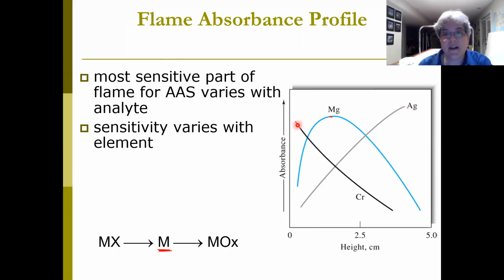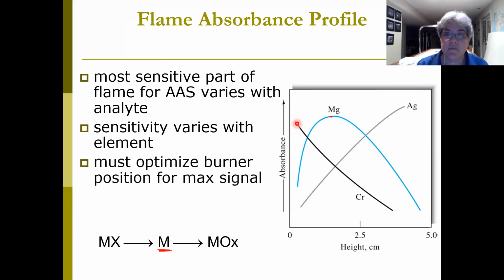Chromium, exact opposite. Start off with a high signal. So chromium very quickly goes to M, and then as I keep going up, chromium converts to the oxide. So the signal drops. So for chromium, I want to be measuring low in the flame. So notice 3 elements, 3 different places where I get the maximum signal.